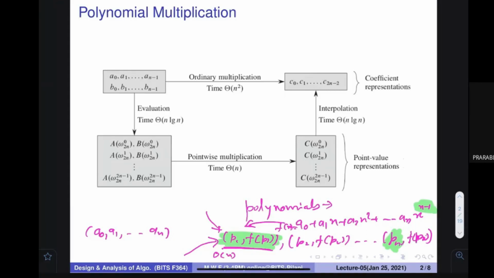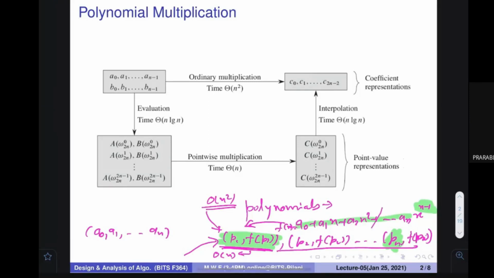However, people can evaluate using Horner's rule in order of n time. N such points are needed, so the total computation to convert from the polynomial form to the point form is going to be order of n square time.